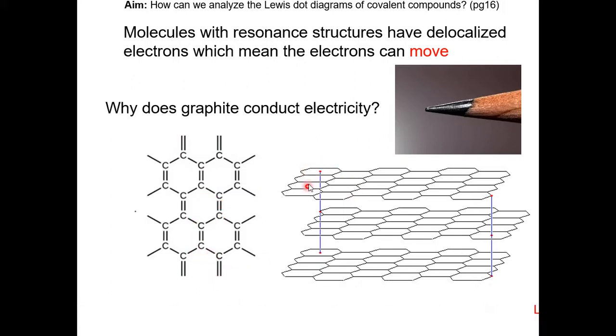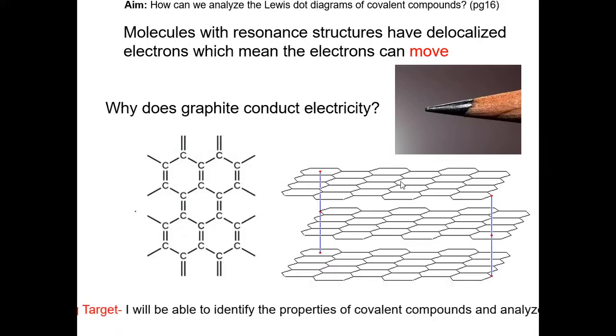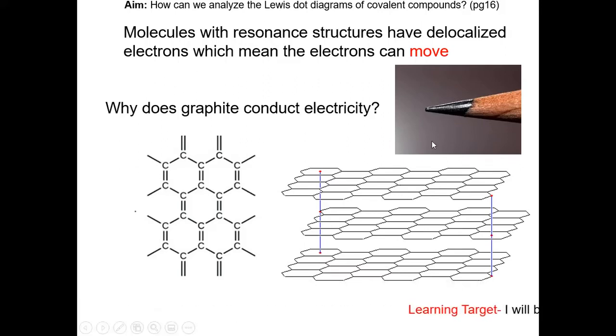So electrons can move from one sheet of graphite to another sheet of graphite. Even though graphite is made up of carbon, and carbon is a nonmetal, and we know nonmetals do not conduct electricity, because graphite has resonance, it can conduct electricity. So people have used graphite as a semiconductor in phones and electronics because it is a cheap alternative to expensive metals.